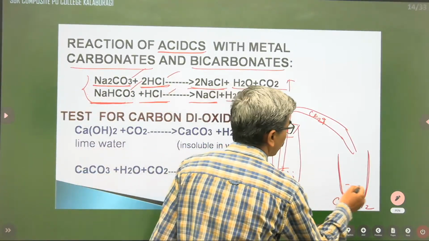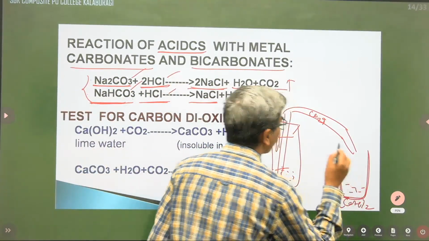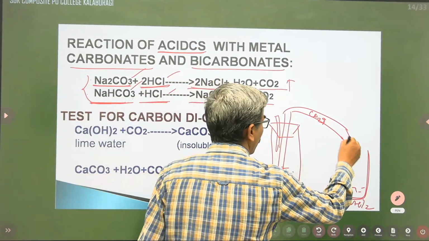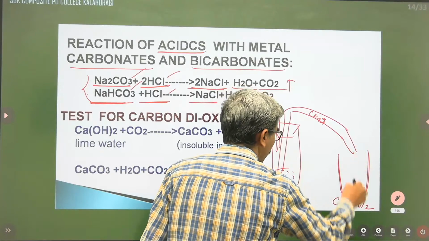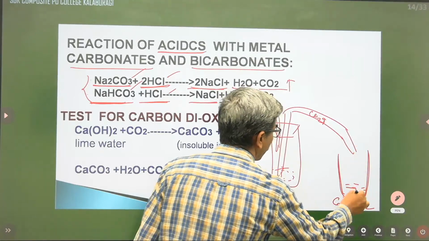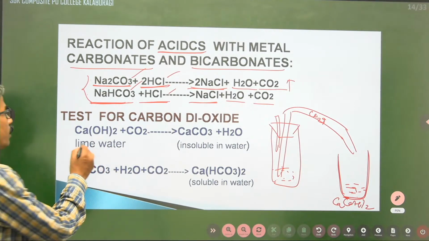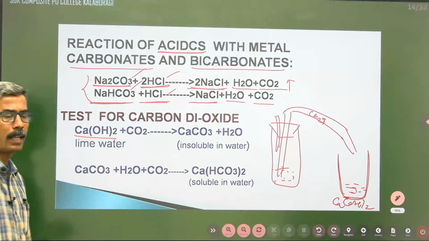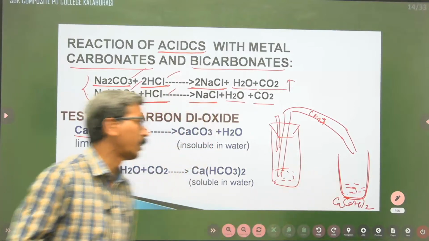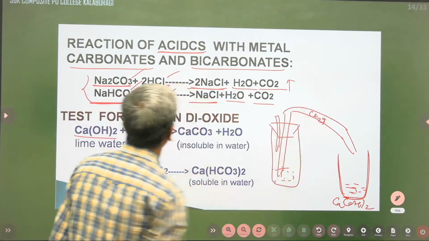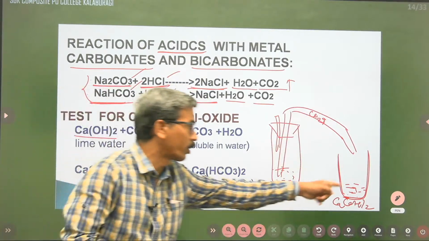It is colorless, almost clear. Now after passing this gas into the calcium hydroxide, what will happen? Already I have written it here. This calcium hydroxide we call lime water, which you have taken into this test tube. The carbon dioxide liberated over here, you pass into this lime water.